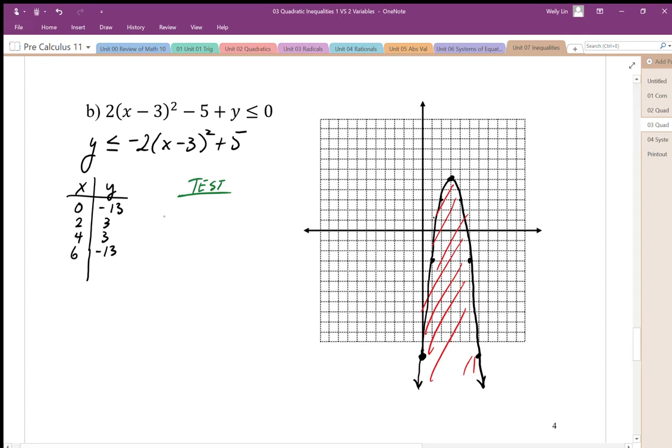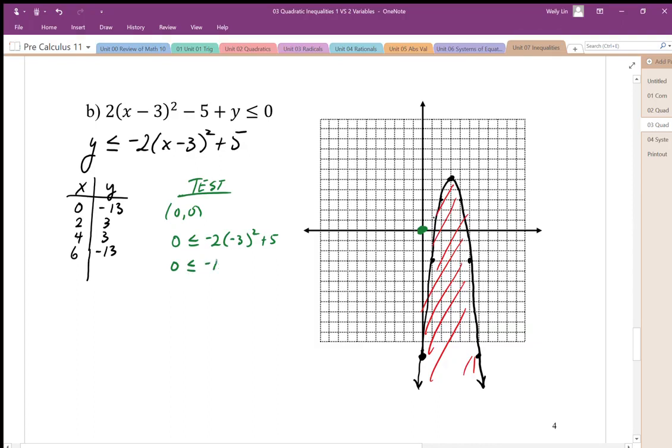So we're going to test, again, my test point. The easiest coordinate to test in this space is 0, 0. So I get 0 is less than or equal to negative 2 times negative 3 squared plus 5. So 0 is less than or equal to, it looks like that's going to be negative 13.